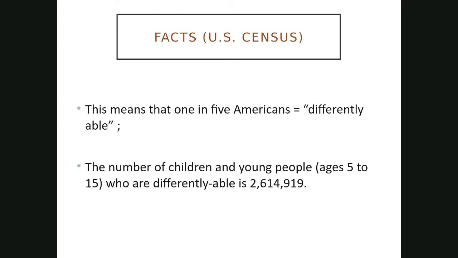Now, recent data from the Center for Disease Control, out just within the last couple of months, asserts that this is actually higher, that 1 in 4 individuals is designated as being differently able. The number of children and young people ages 5 to 15 who are differently able is somewhere around 2.6 million.